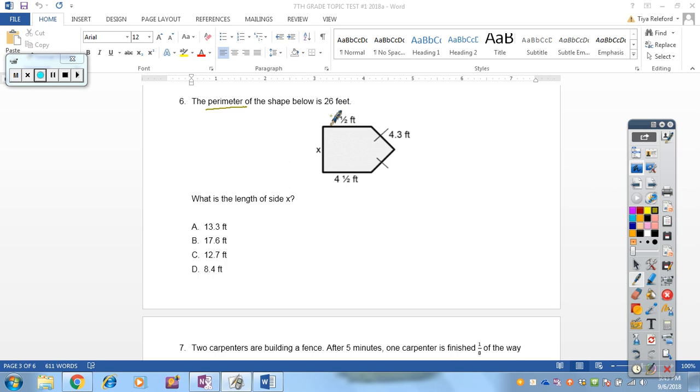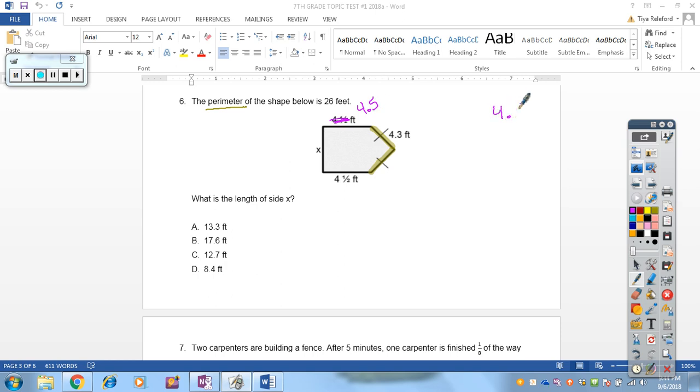So I see this is 4 1/2, this is 4.3. What is this side? Yeah, if this side is 4.3, so is this side. That's what these little marks mean. So let's do this. 4 1/2, change it to a decimal.